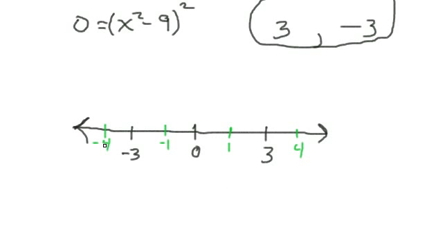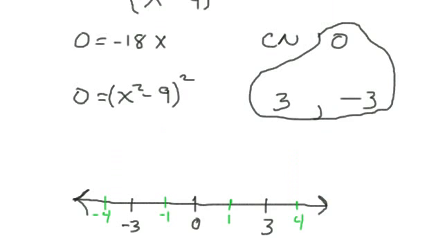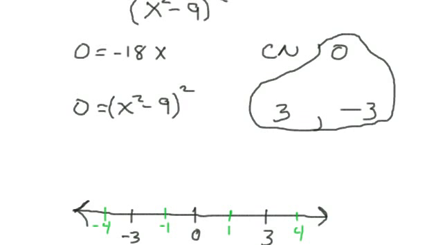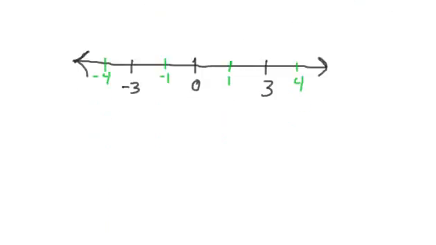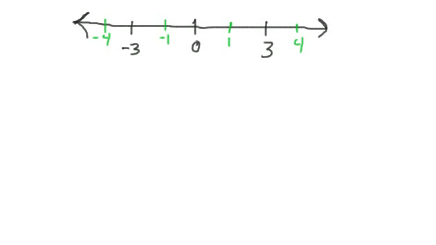So now we want to plug our test points into the derivative. And let's see if I can actually... oh man, I can't get the whole thing on the screen. Let's just do this. I'm going to rewrite the derivative here. We have f of x is equal to x.